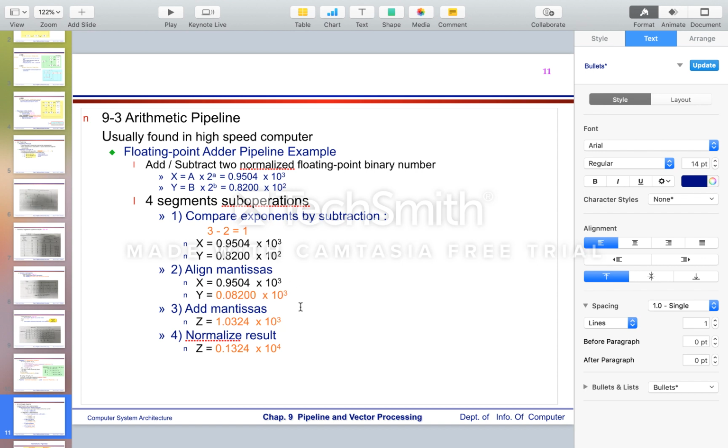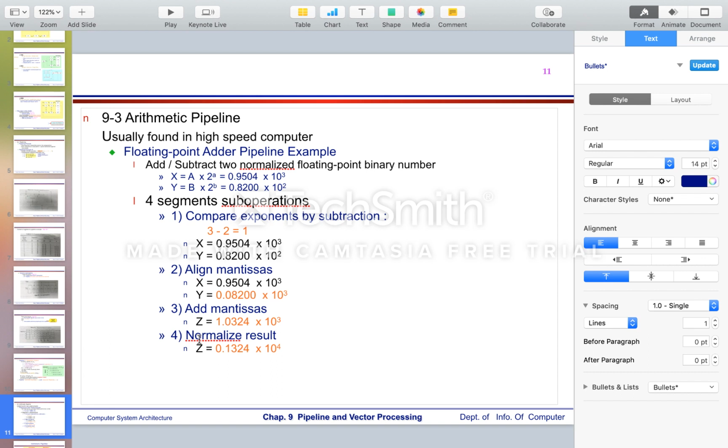Now we have both the exponents equal, so we can add these two, right? After adding those two mantissas, we will get 1.0324. So this was our next task, to add the mantissa. But now what is the fourth task? We have to normalize our result.